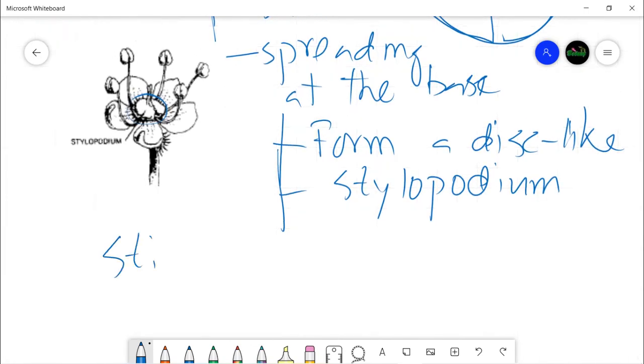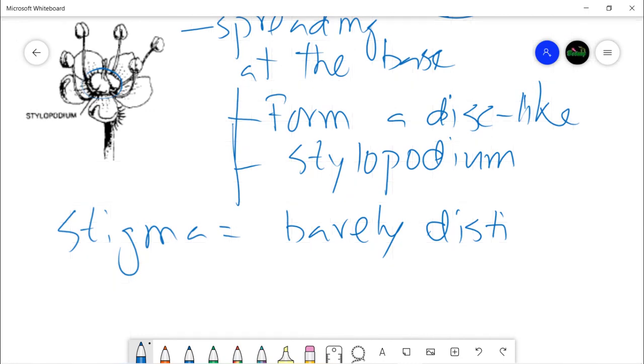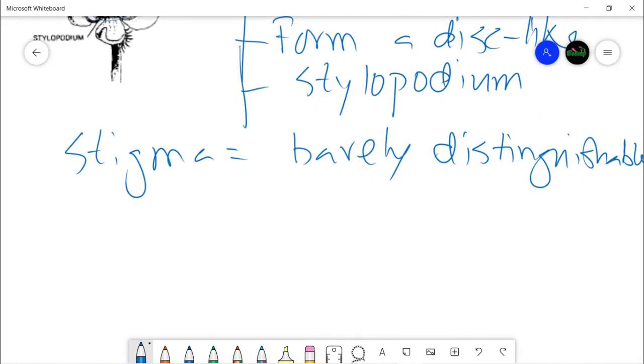Next is the stigma. Now stigmas are barely distinguishable from the style, they don't have any characteristic shape for the most part. However, there is a honey secreting disc around the style. Say this is the style, for example, the upper part.